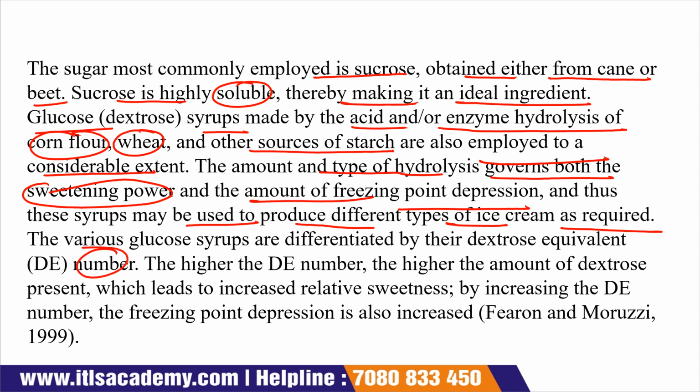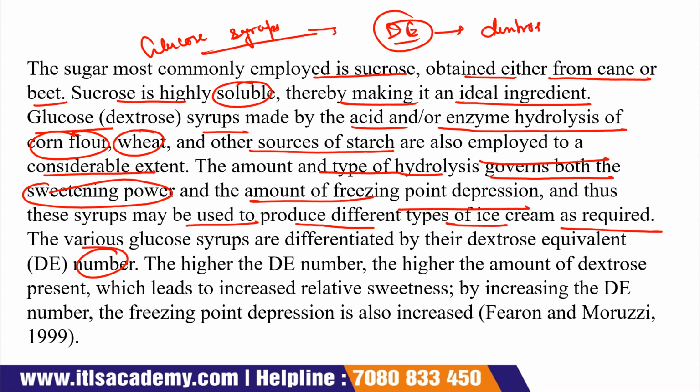Okay, so glucose syrups can be differentiated by the DE number, that is the dextrose equivalent number.